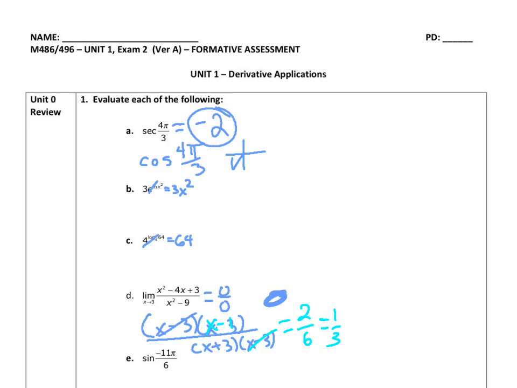Okay, the next problem we are taking a look at the sine of negative 11 pi over 6. Negative 11 pi over 6, I can think of that the same if I add 2 pi to that. That's the same as the sine of pi over 6. Sine of pi over 6 is going to be equal to 1/2.